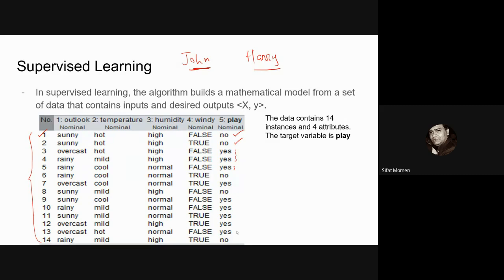So what he wanted to know is when does he play and when does he not play? When does he prefer to play golf outside, and when does he not? So he measured other attributes as well. For example, how does the outlook look? Is it sunny outside? Is it rainy? Is it overcast? On the first day, it was sunny, so he ticked it.